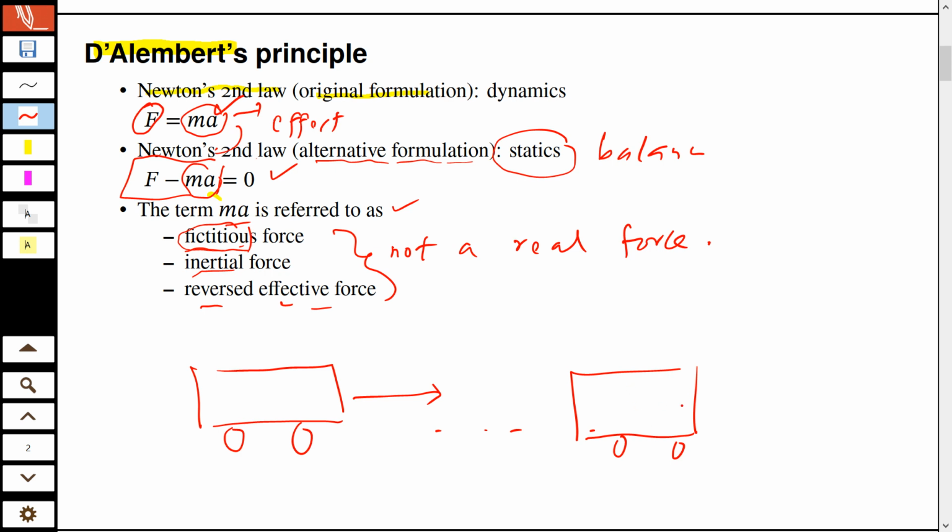What do you feel inside? What happens to you inside, tell me. Sir, the whole body moves, you feel a force. So you feel some force. Now that force is not a real force. What is the real force here? The real force here is the friction force, from the brakes you applied. That is the real force.